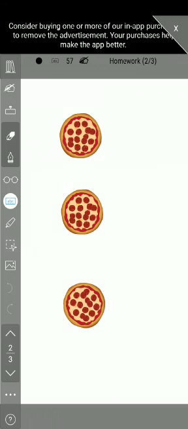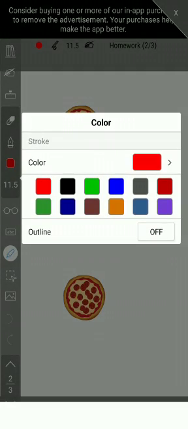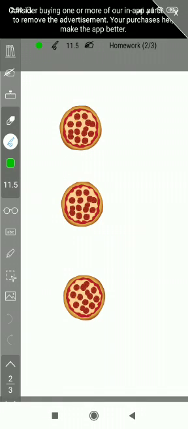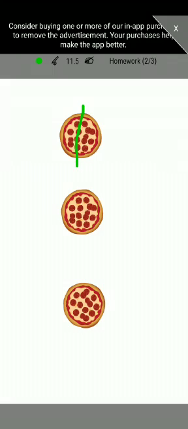Now let's say that I want to cut this one whole pizza into two equal pieces. If I cut it this way, this one half is not very good.